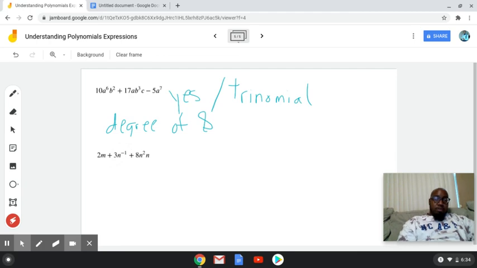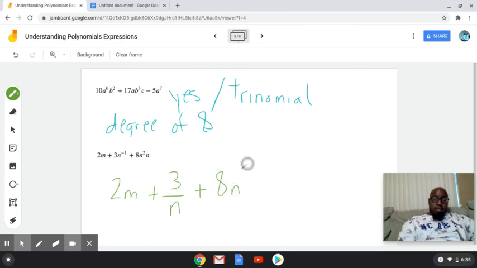If you write that one over, this would be 2m plus 3 over n using our negative exponent property, plus 8n squared times n, which would just be n to the third power, really. So the answer is no, because this is not a polynomial.